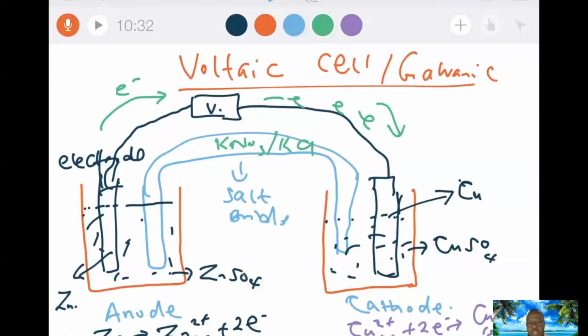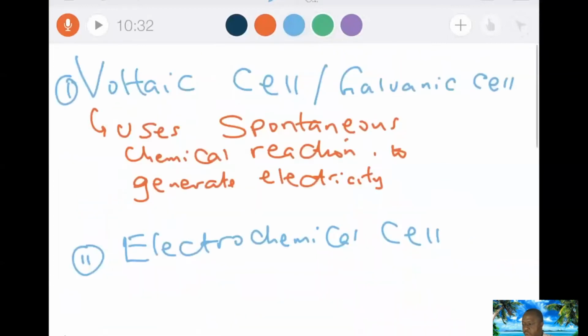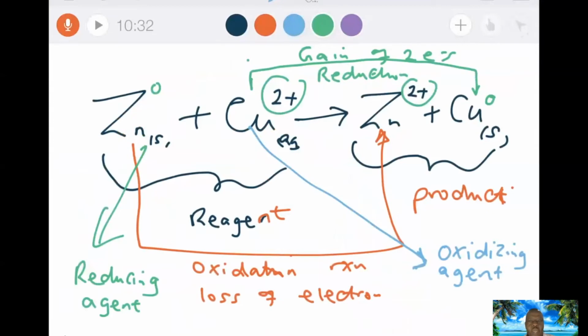In the lab manual, I'll show you how to identify the anode and the cathode, especially when you are just given an equation similar to this. How do I know this is cathode, this is anode, how do I know that zinc is losing electrons and copper is gaining electrons?